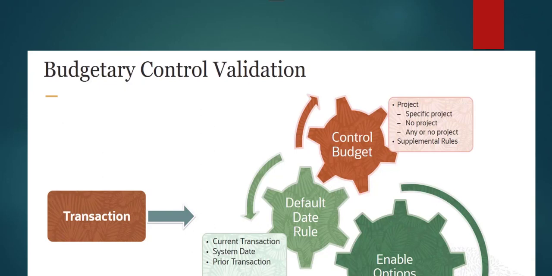So that's all going to impact how the transaction is validated. But there is also something called the default date rule, which will also have an impact, and we will be looking at this as we go through the course.